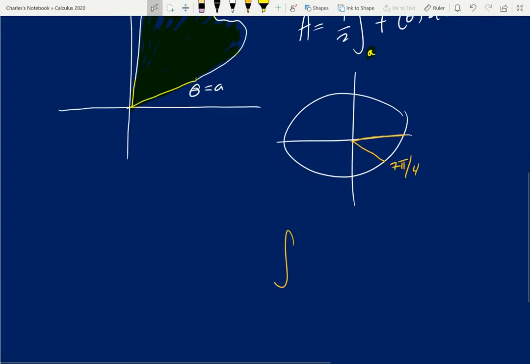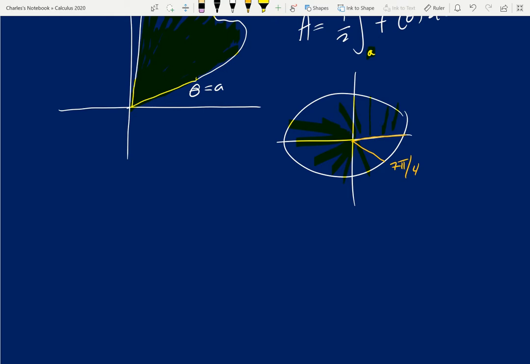Well, if I did the integral from 7 pi over 4 to 0, that's going to sweep the opposite way that I want. What I would want to do in this case is change that to negative pi over 4 to 0. So you do have to keep that in mind.